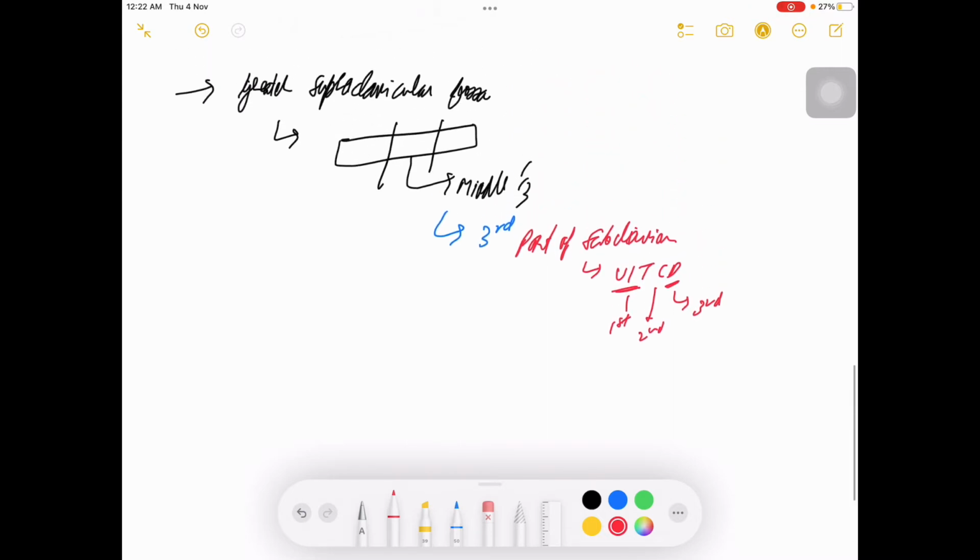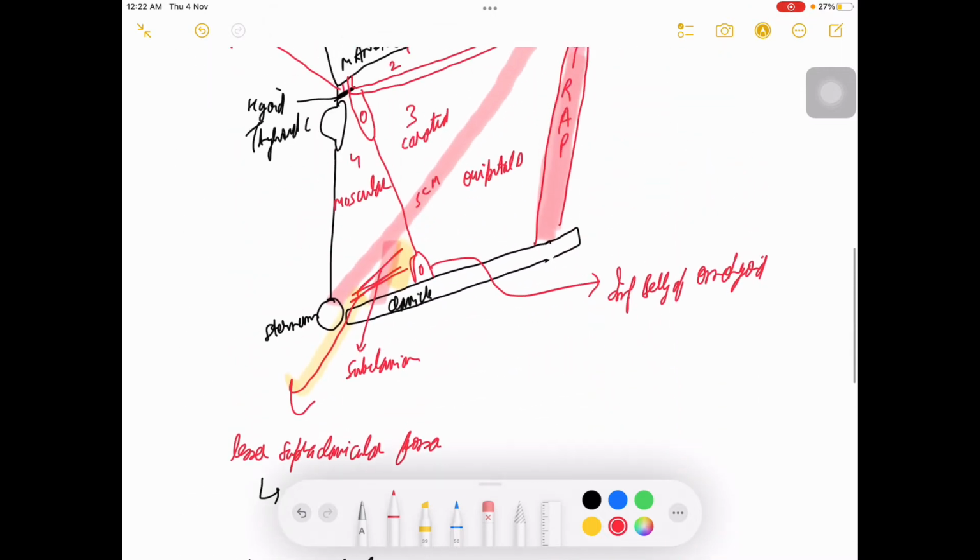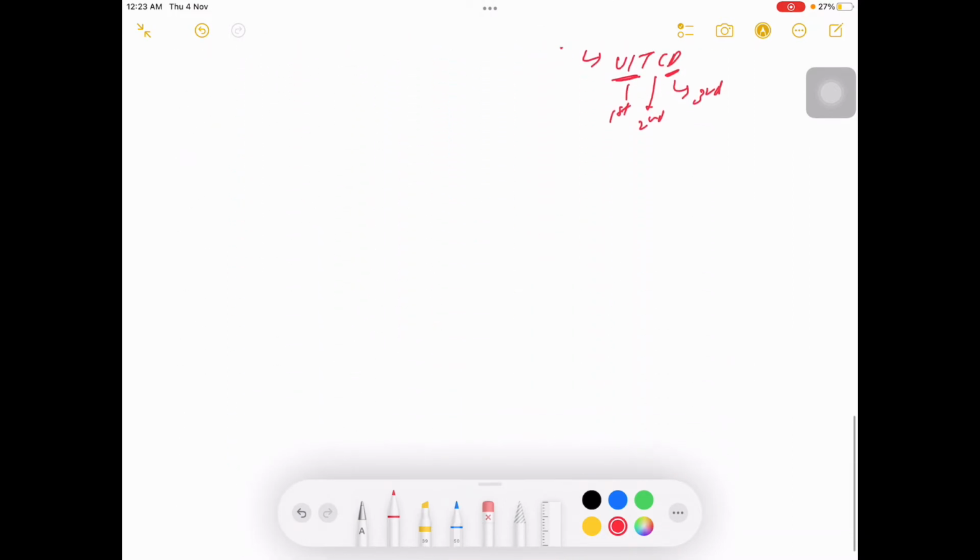And in the neck you have these two muscles, SCM and the trapezius, as your superficial muscles. And now I'm going to talk about the sternocleidomastoid muscle first.